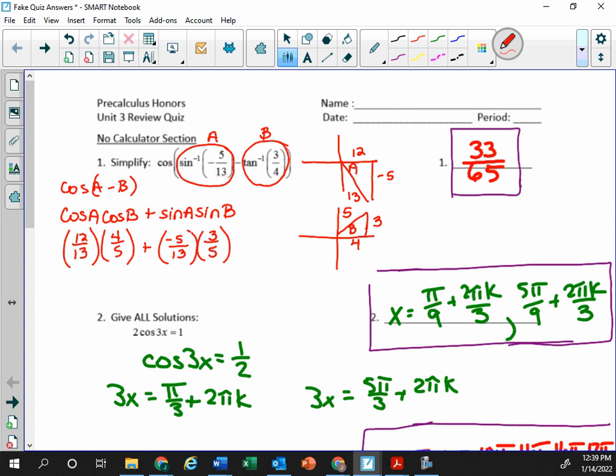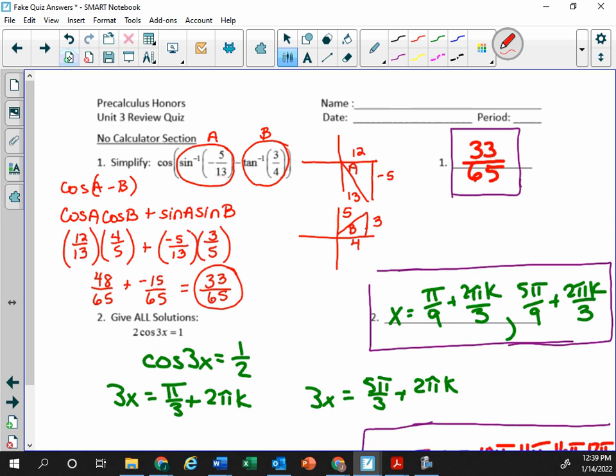Okay. Then it's just multiplying. So 12 times 4 is 48 over 65 plus negative 15 over 65. And that's where we're getting 33 over 65. Okay.